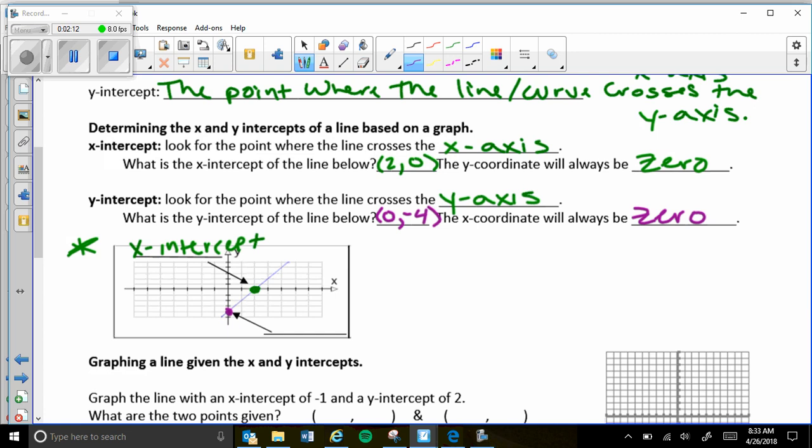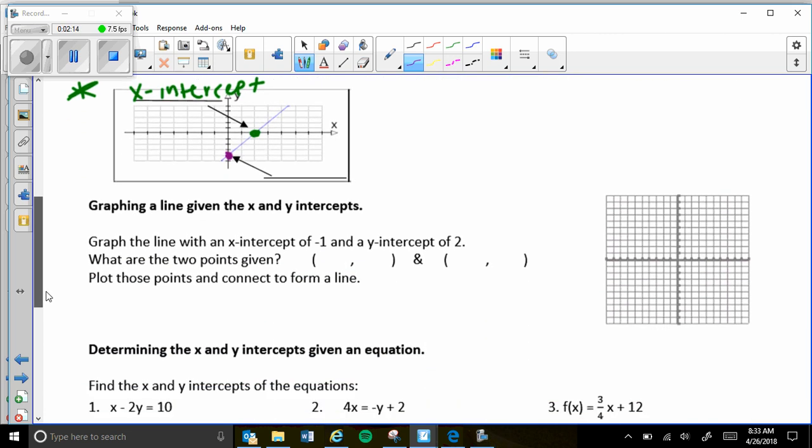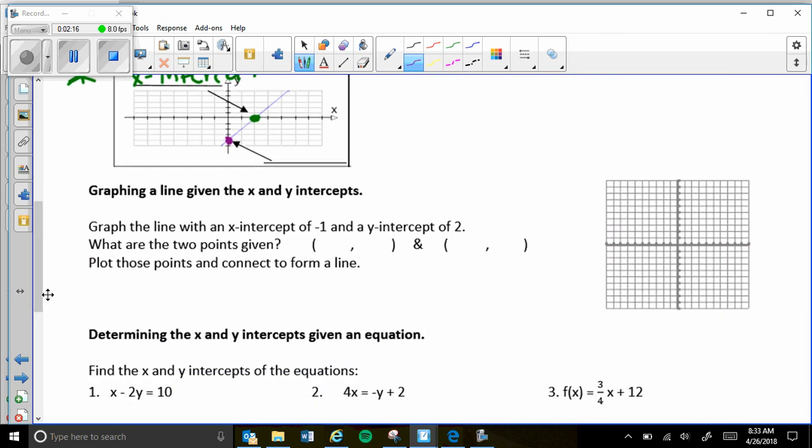The next thing our notes ask us to do is graphing a line given the x and y intercepts. So it says graph a line with the x-intercept of -1 and a y-intercept of 2. So in order to do so, we need to come up with 2 ordered pairs. And if you think back to what we just talked about in our notes, when we're talking about the x-intercept, the y value is always 0. So I have -1, 0.